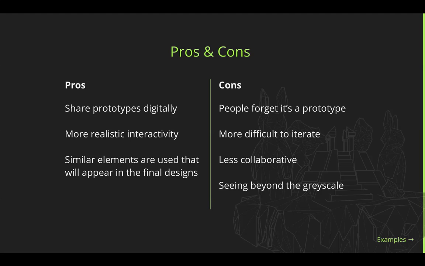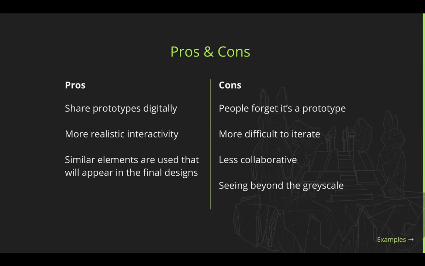It's also more difficult to iterate since it is a digital prototype. You still have to go and change it in the software and update it and let the client know. It's not as collaborative as the paper prototyping, since it's not necessary that you have everyone together to collaborate.